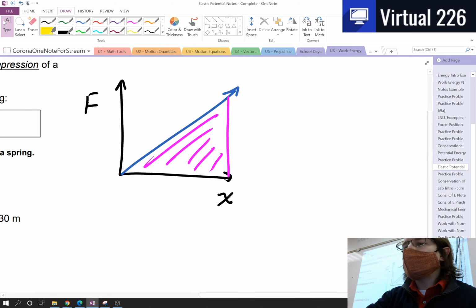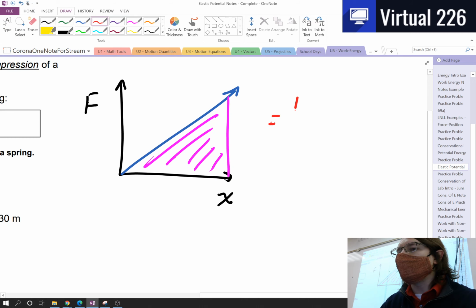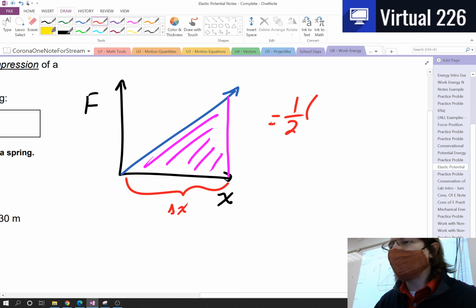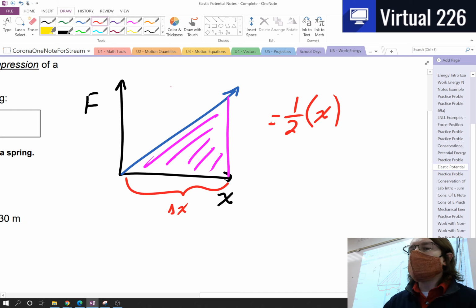And because this is a nice right triangle, I know that the area under the curve is equal to 1/2 multiplied by a base, which is just stretching the spring some displacement. This is just some delta x here, right? So this is 1/2 times the base, which is just x, our displacement, and then multiplied by the height of the triangle, which is just some force.